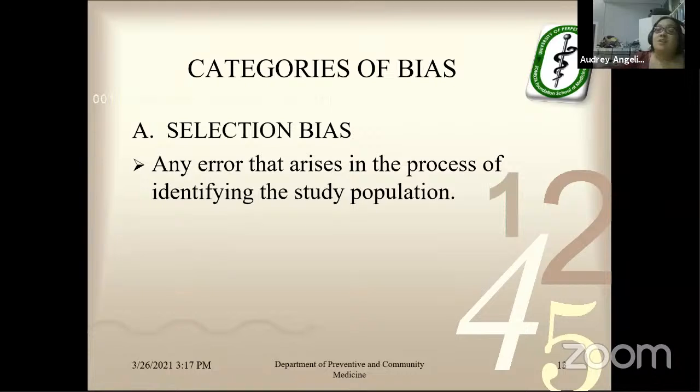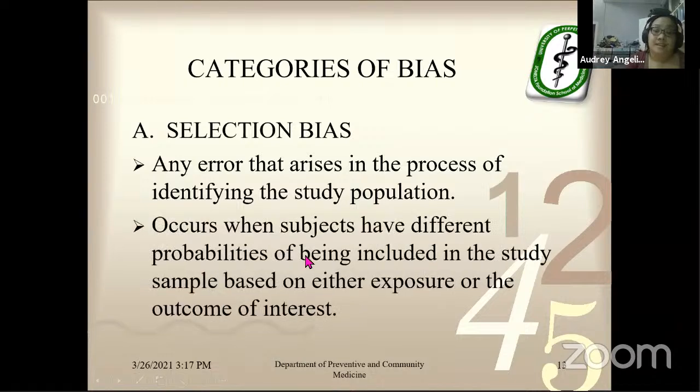This one occurs when you choose the respondents that you would include in your study. So you have different probabilities of being included in the study sample, based on either exposure or the outcome of interest. Okay?